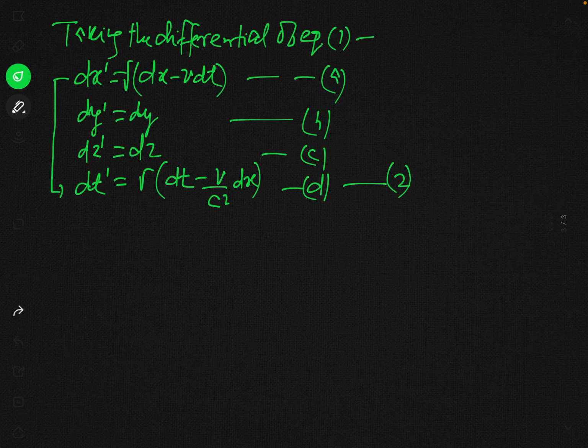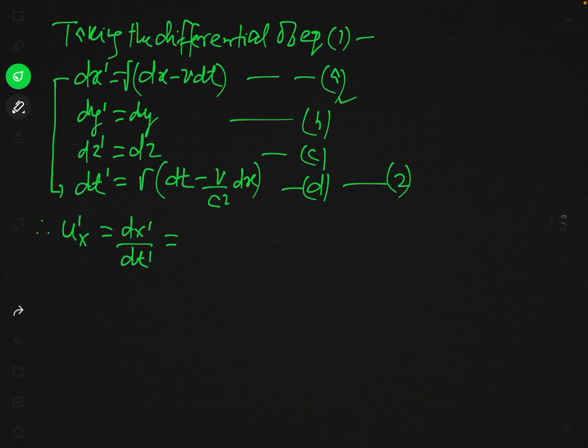Similarly, when we divide this dy prime by this dt prime, we will get u prime y, and in a similar way we can find u prime z too.